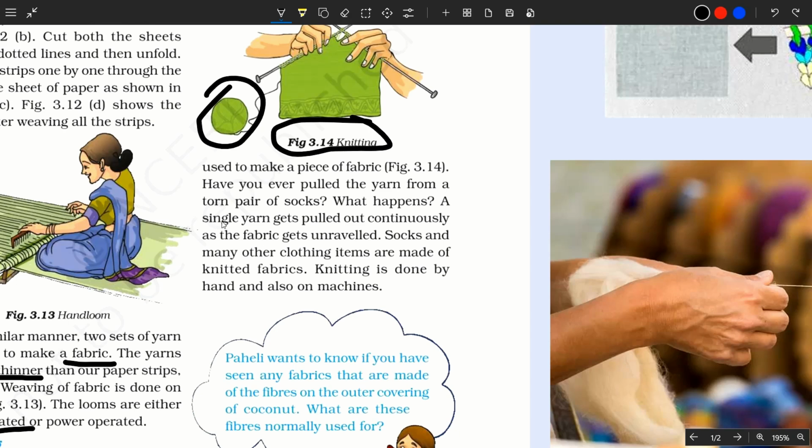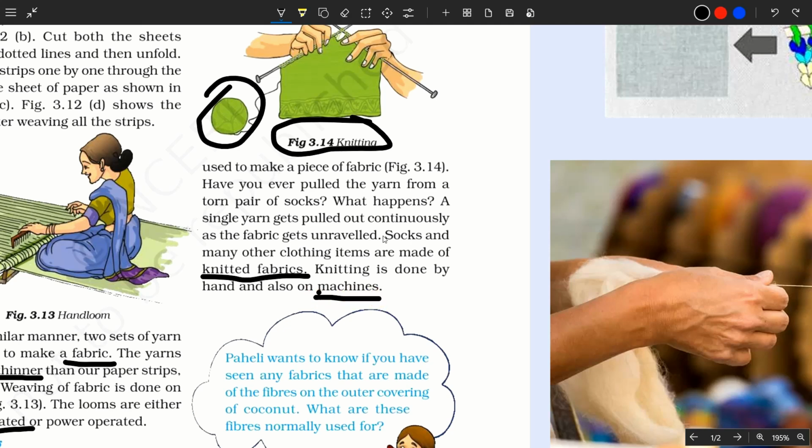Yes, you will get a single yarn that gets pulled out continuously as the fabric unravels. Socks and many other clothing items are made of knitted fabrics. Knitting is done by hand and also on machines.